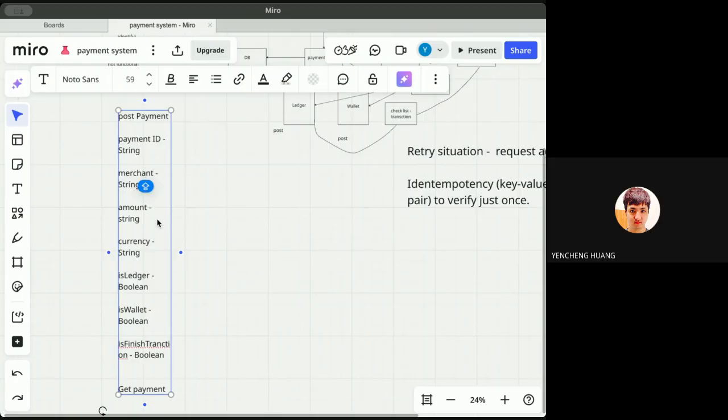And it's my POST payments API design, and I use the payment ID and merchant to store the customer or the merchant, and the amount to store the money, and the currency means like USD dollars or something like that.